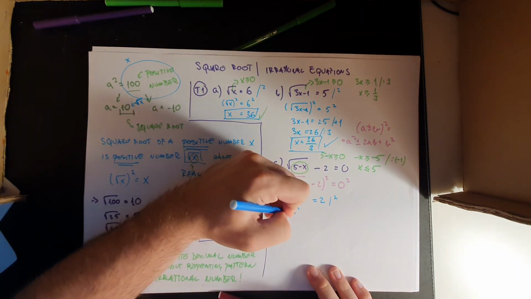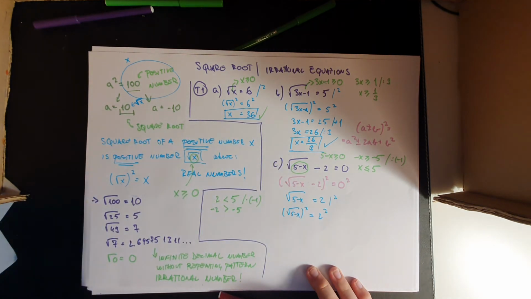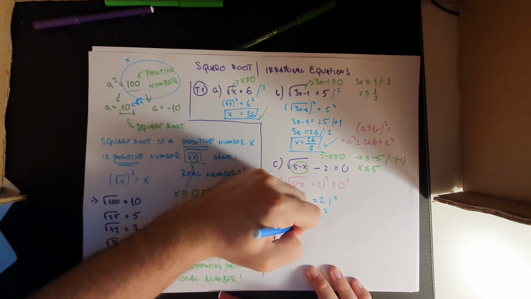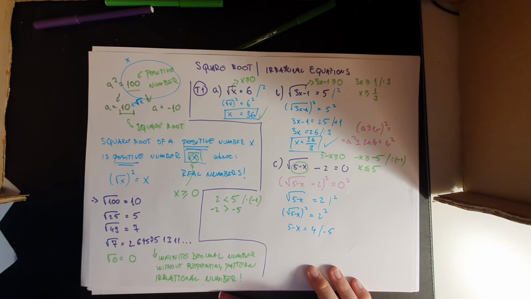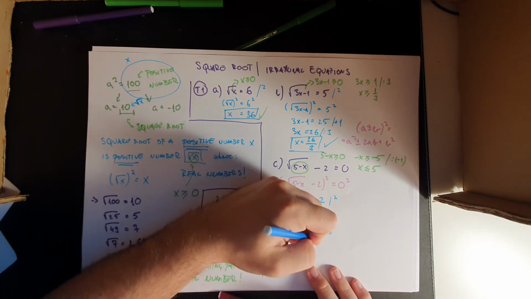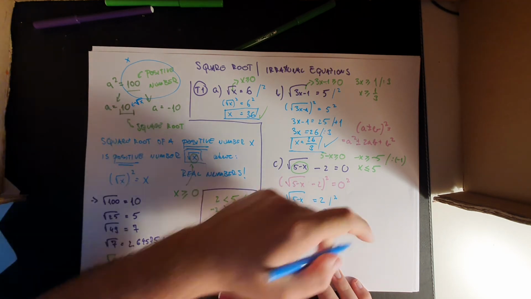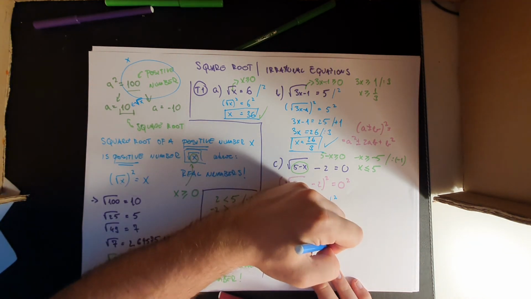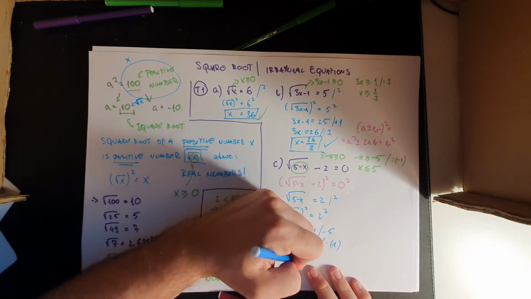So the square root of 5 minus x, squared, is going to be equal to 2 squared. Square and root are going to cancel each other out. So 5 minus x equals 4. I'm going to subtract 5 from everything. So minus x is equal to minus 1, because 4 minus 5 is minus 1. One last step: I'm going to multiply by minus 1. So x is equal to 1.